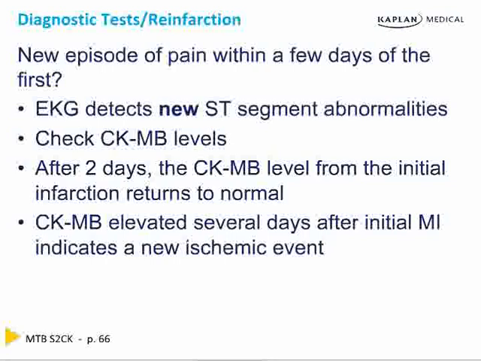If you have an infarction on Monday, your CK-MB should be normal by Wednesday. If on Thursday you have new pain, new ST segment elevation and new CK 4 days later, it's from a new myocardial infarction, not the old one.